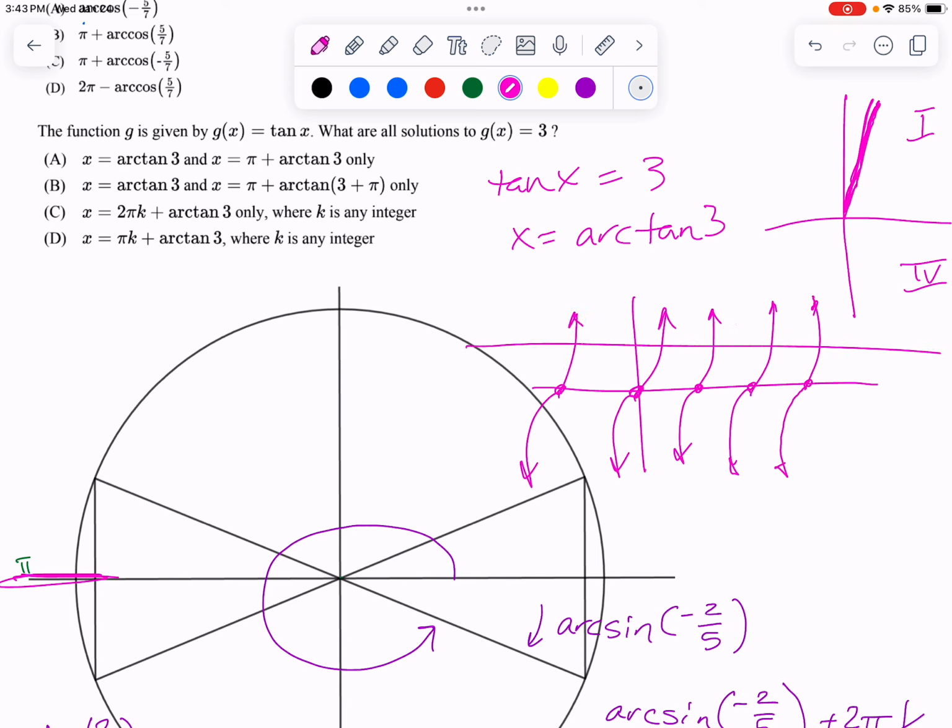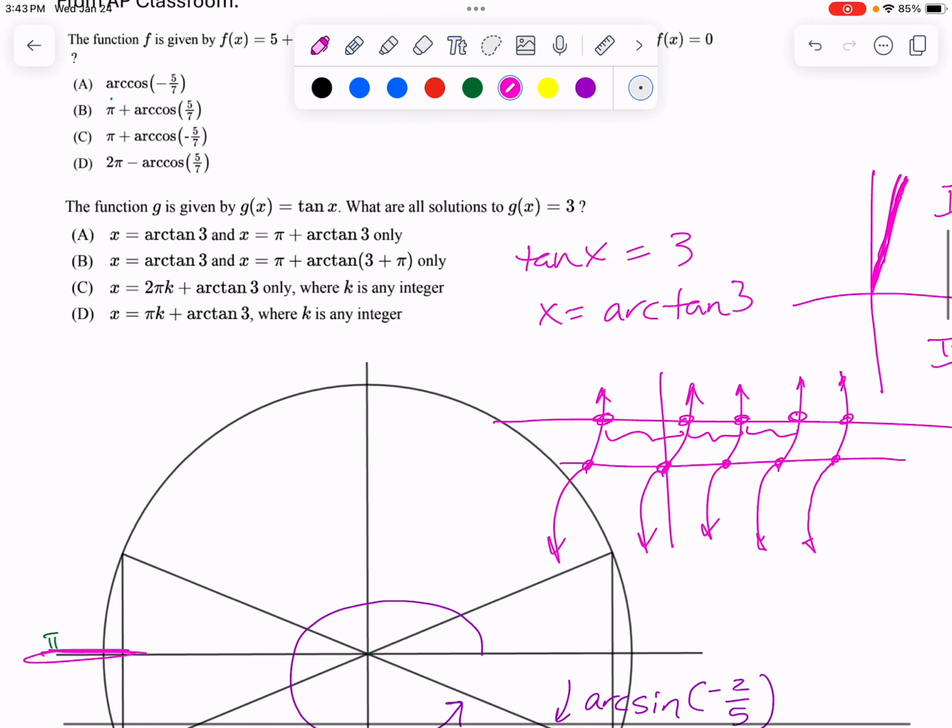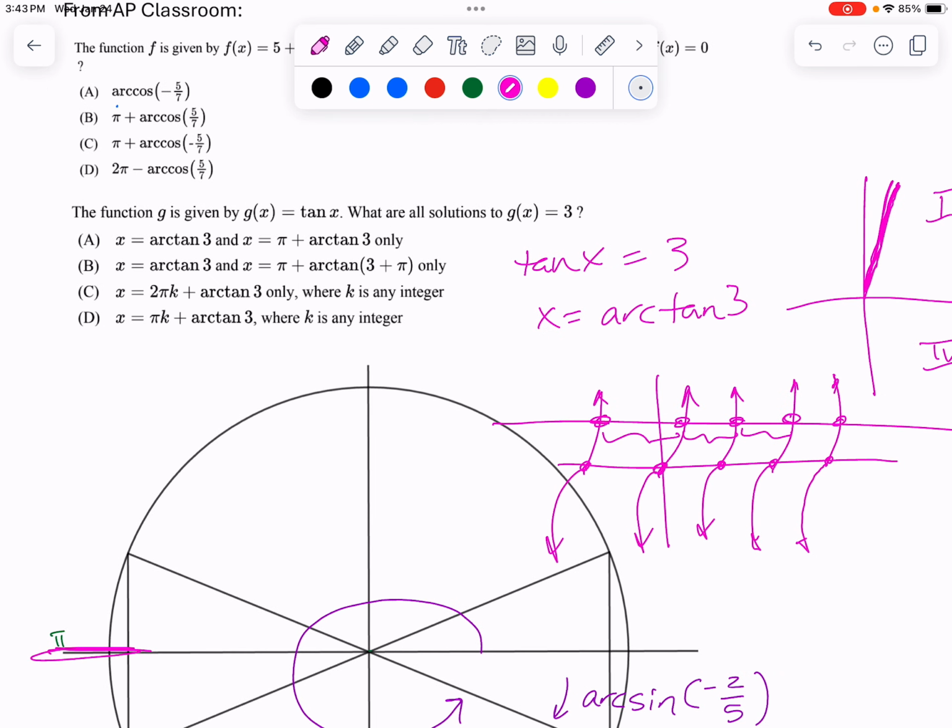So here comes 3. So there's 1, 2, 3, 4, 5, and the ones that I drew, but point being there's infinitely many solutions. And how far apart are they? Well, they are 1 period apart from each other. So how many answers are we going to have? We're going to have infinitely many solutions. It's arctan 3 plus the period apart, which ends up giving us D.